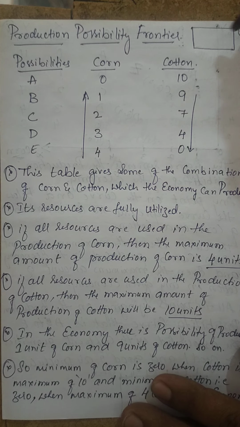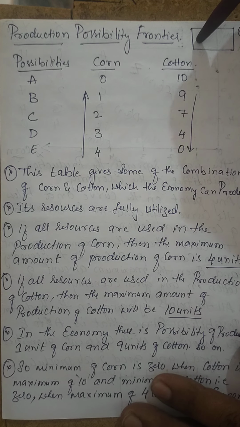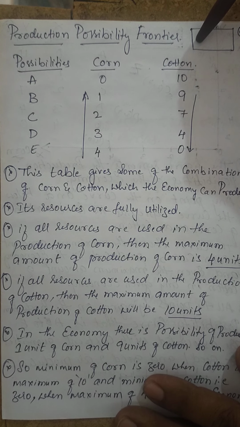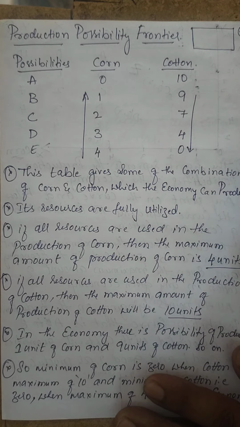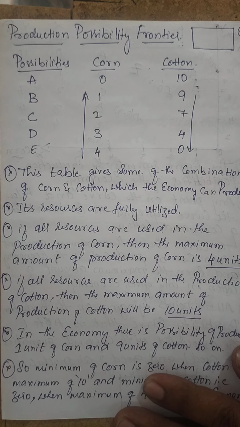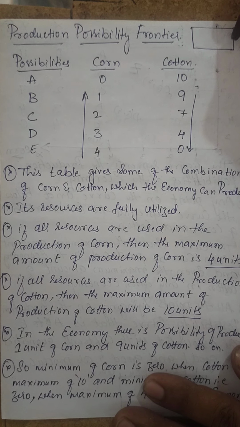So let us consider, since the field is free, the farmer has decided to grow 2 crops in one particular year. When he thought of putting corn or cotton, he decides what to be produced first.